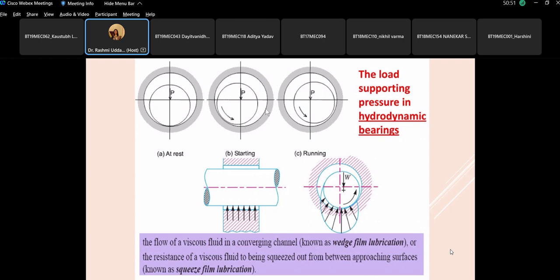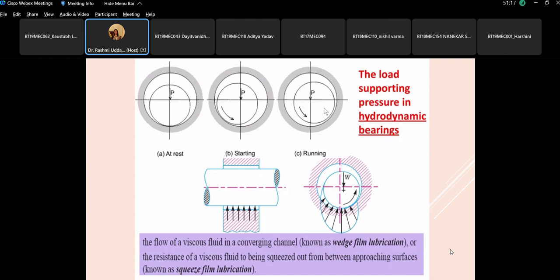And the moment a uniform film is formed, or the hydrodynamic lubrication is formed, this entire journal will shift and move towards the right if it is rotating in anti-clockwise direction. If the rotation is clockwise, these two images will be swapped. So it starts like this, and when it keeps running, it lifts here.